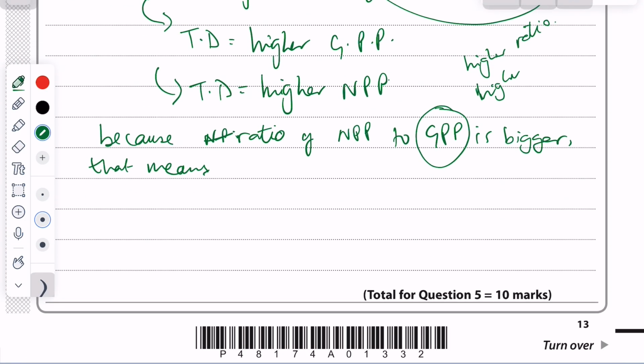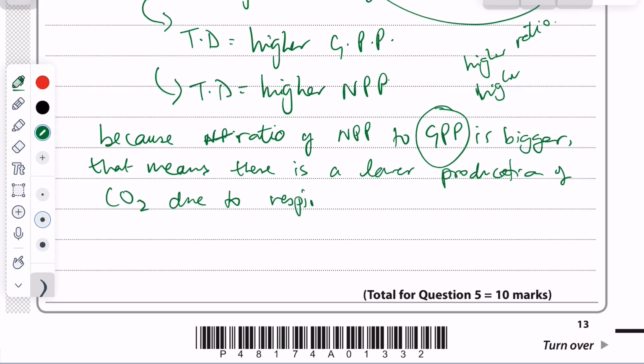So because the ratio of NPP to GPP is bigger, there is lower production of CO2 due to respiration in that forest.